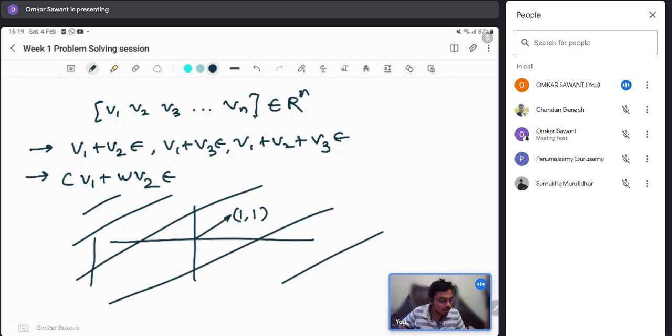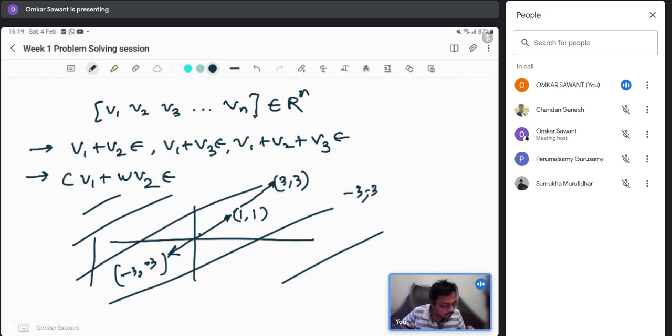Now if you multiply it with any scalar, say multiply by 3, it will lie on this same line, so (3, 3), right, and it is still in this vector space, right? Even if you multiply it by minus 3, it will be (minus 3, minus 3), still in this space, right?